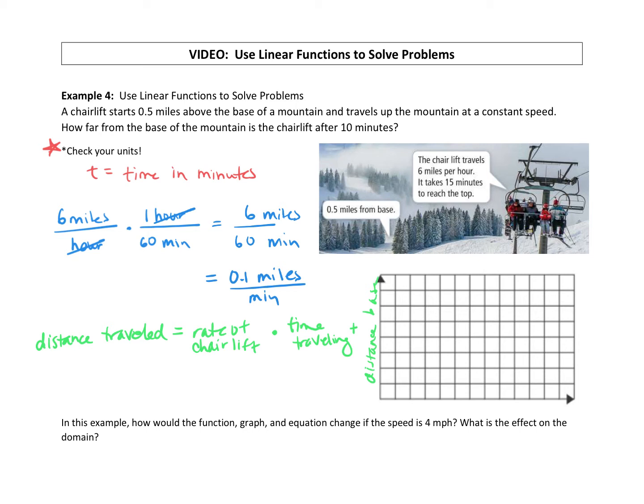So writing it out in words just gives us a structure to plug in different values. We're going to say our distance traveled after t minutes is equal to the rate of the chairlift. That's what we just figured out, the 0.1, times the time traveling, which is t minutes, plus the distance from the base, 0.5.